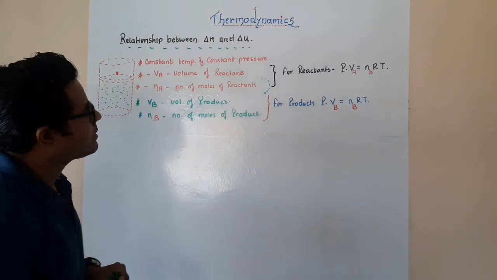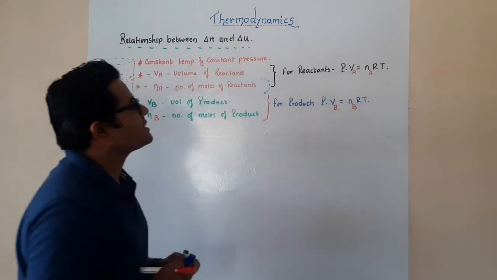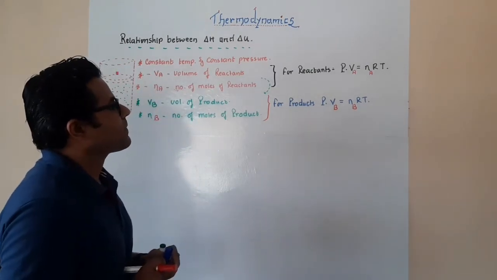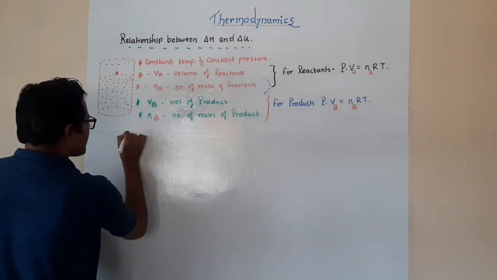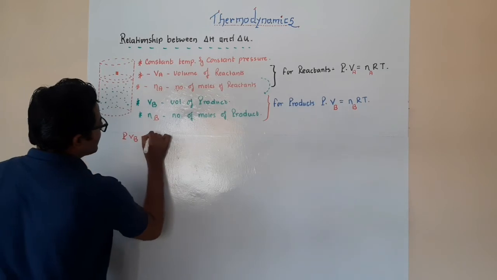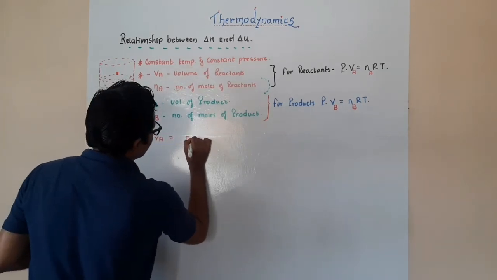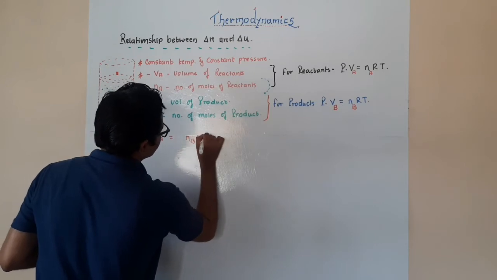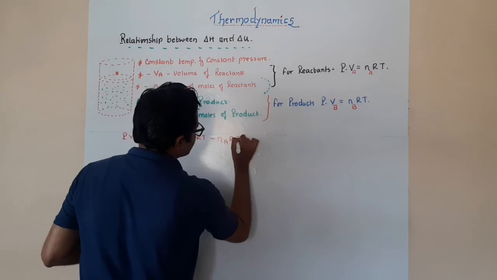Now, this is the condition that is happening. So can we write this as PVB minus PVA is equal to NBRT minus NART.